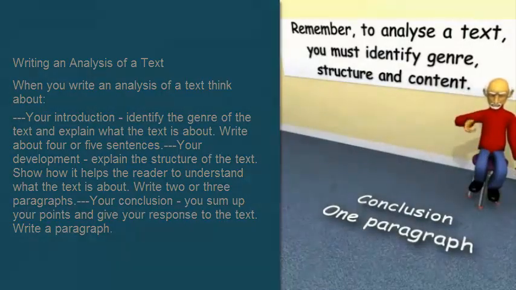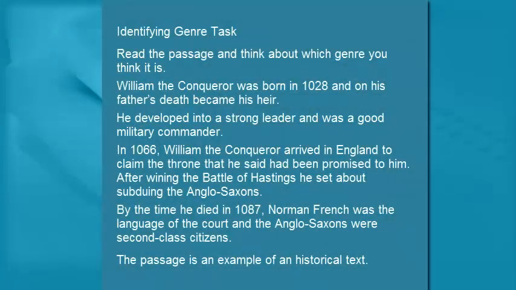Identifying genre task. Read the passage and think about which genre you think it is. William the Conqueror was born in 1028 and on his father's death became his heir. He developed into a strong leader and was a good military commander.